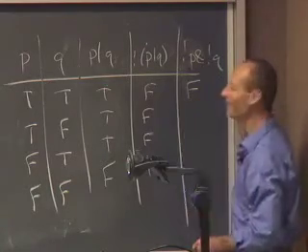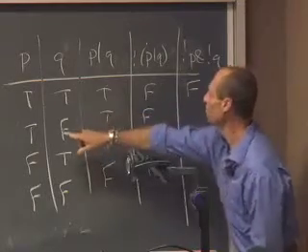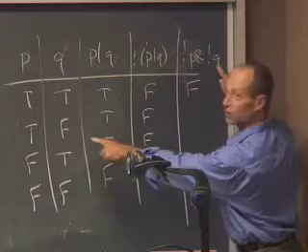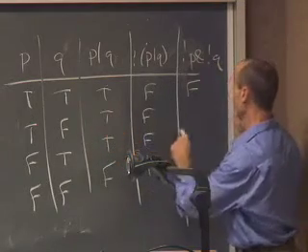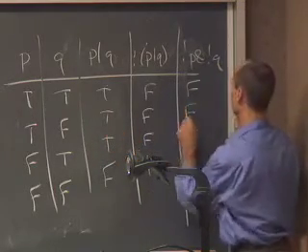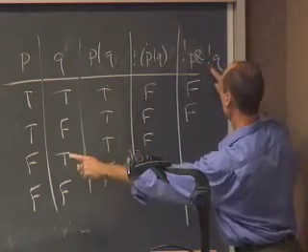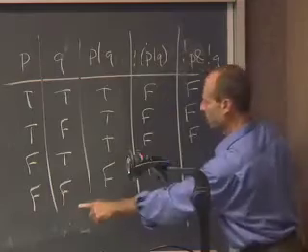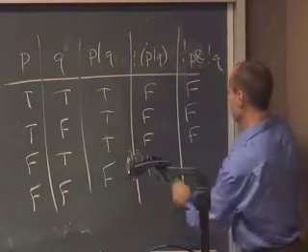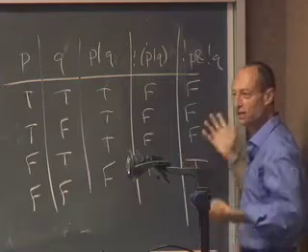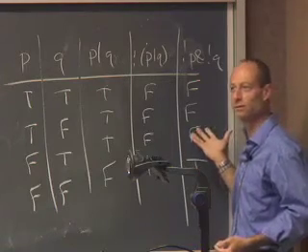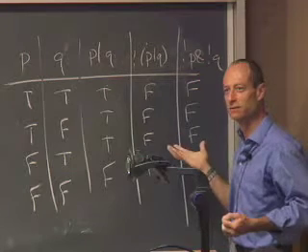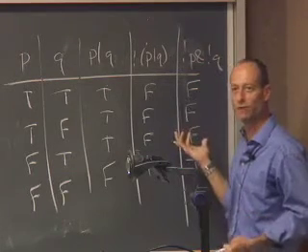In the next row, P is true, so not P is false, and not Q is true, so false and true is false. Here we've got true and false, which is false. And in the last row, we have true and true, which is true. So it has the same truth table. They are logically equivalent statements.